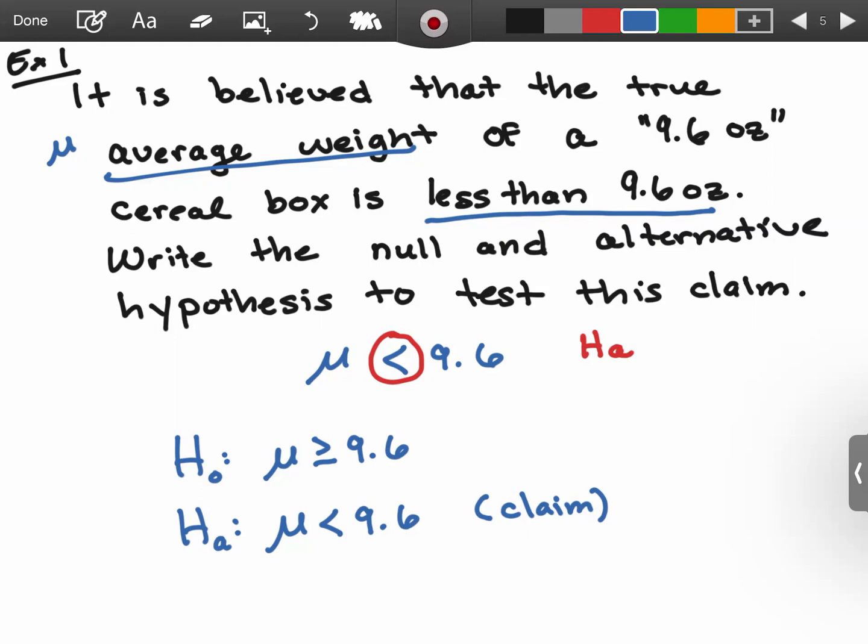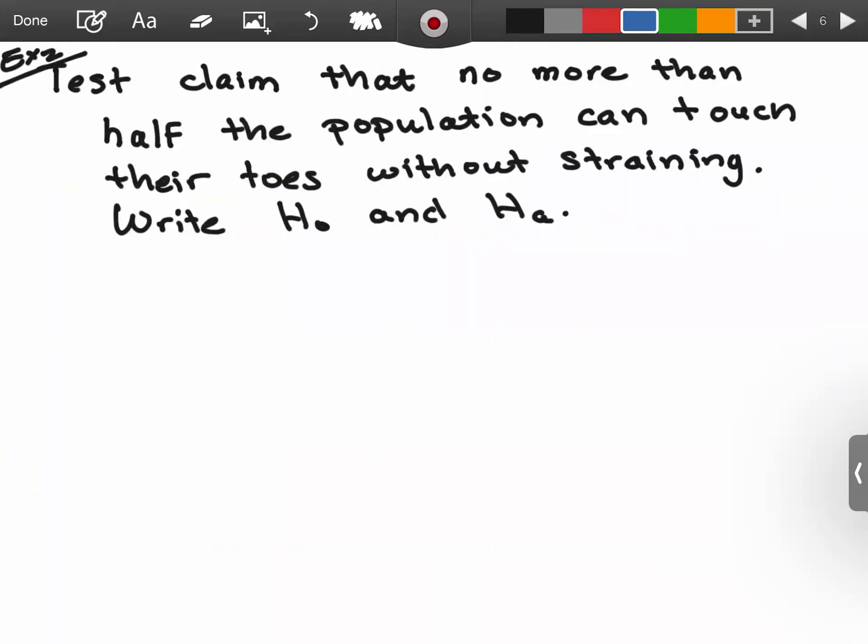All right, let's do one more. In this one, it says, let's test the claim that no more than half the population can touch their toes without straining. Write the null and alternative hypothesis. The parameter is not mentioned explicitly, but when we say no more than half the population can do something, we're saying that the true proportion of people, which we'll write as p, because the population proportion is p, is no more than half.